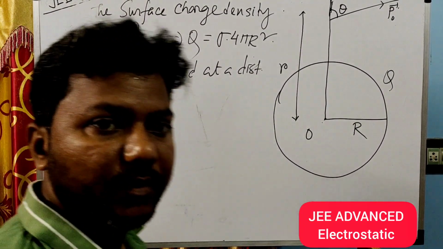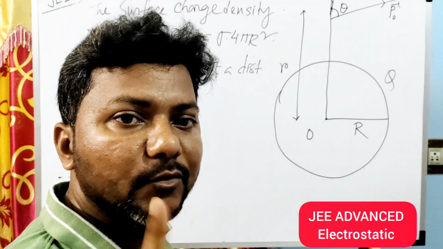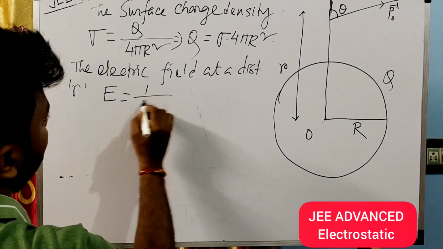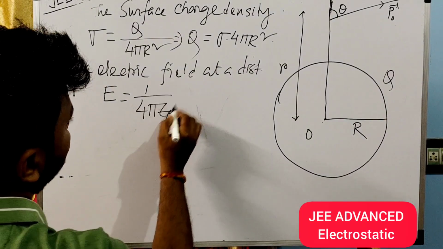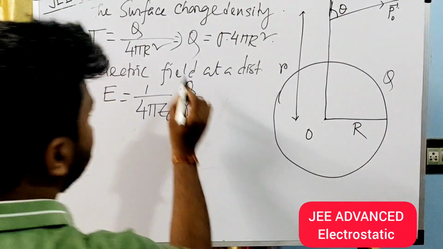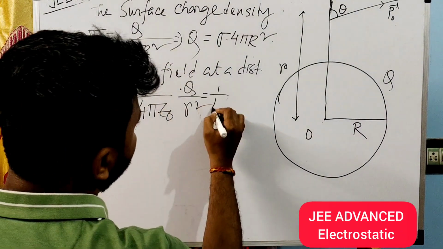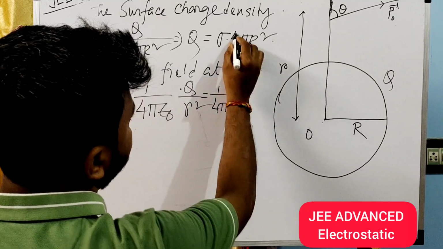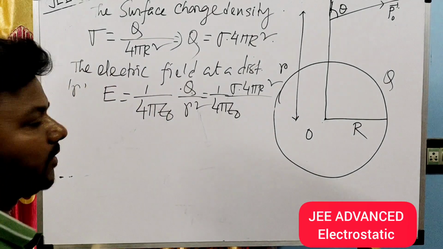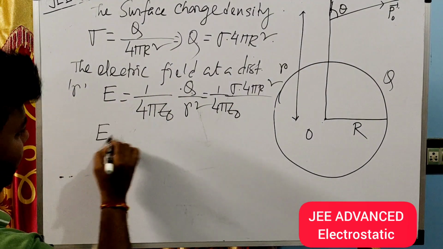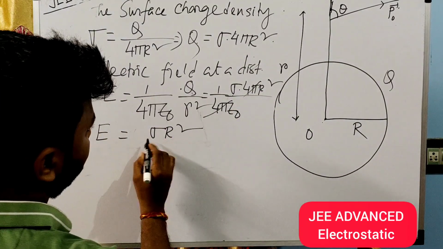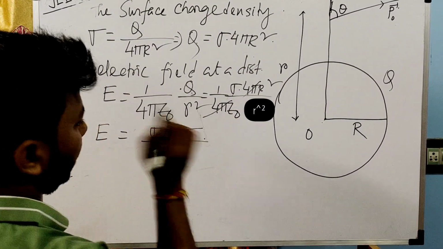The electric field is E equal to 1 over 4 pi epsilon naught into Q by r square. Now we put the value of Q, which is sigma into 4 pi R square. Simplifying it, E is equal to sigma R square by epsilon naught r square, as 4 pi is cancelled.